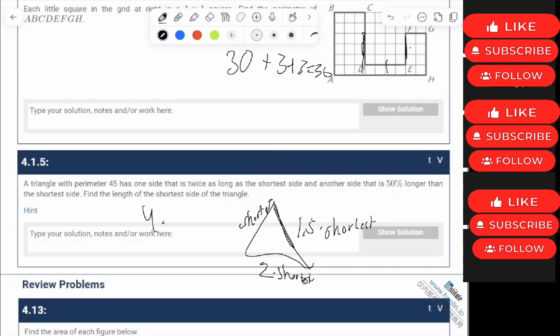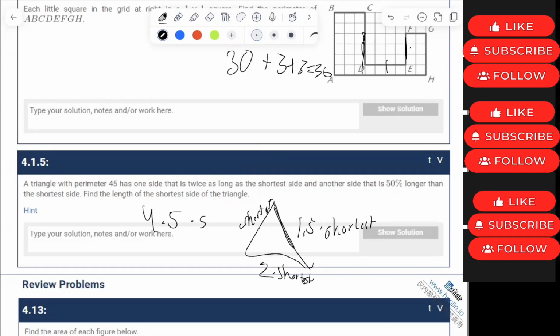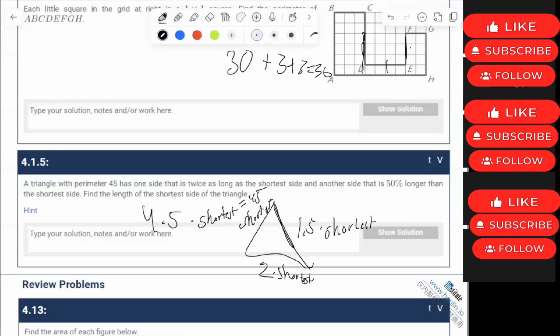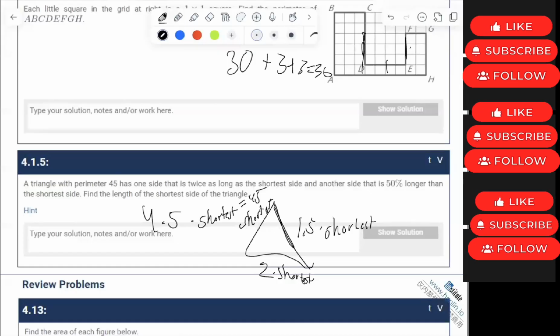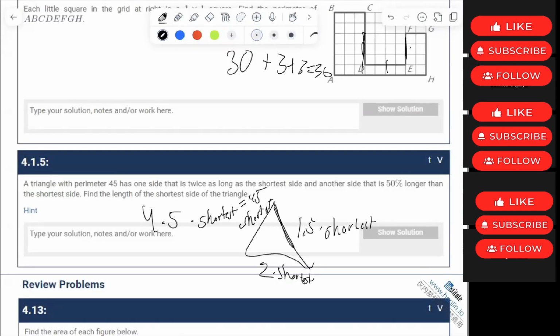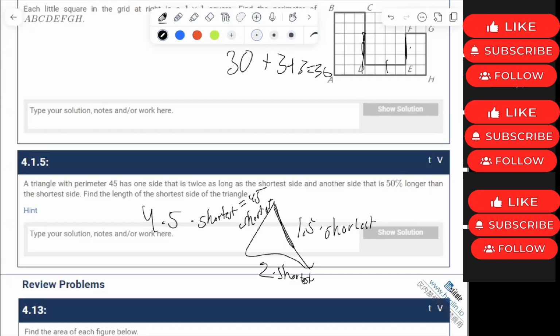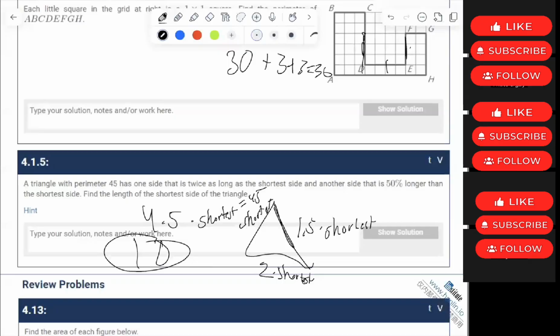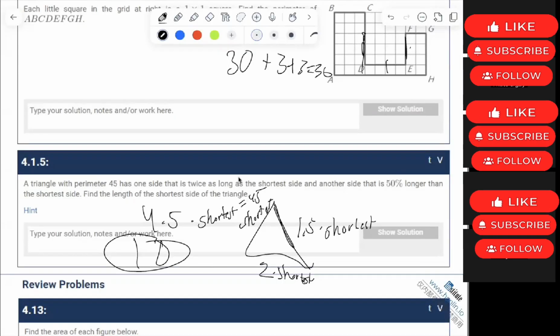We get 4.5 times the shortest side is 45. Simplifying yields 4.5 times the shortest equals 45, which yields 45 divided by 4.5, or 10, as our final answer. So 10 is our final answer. This is just basically algebraic manipulation.